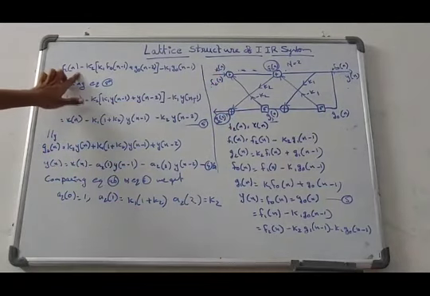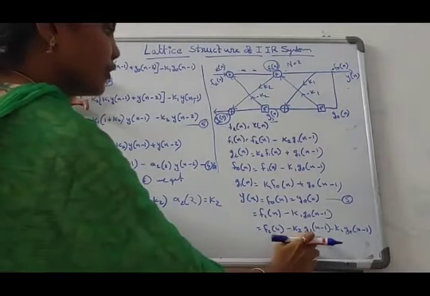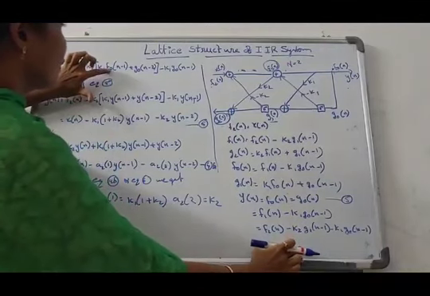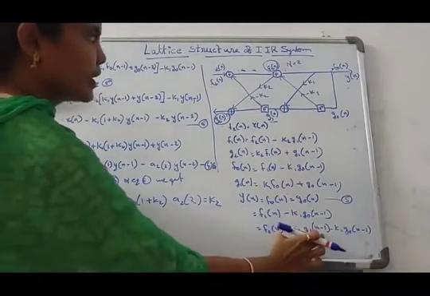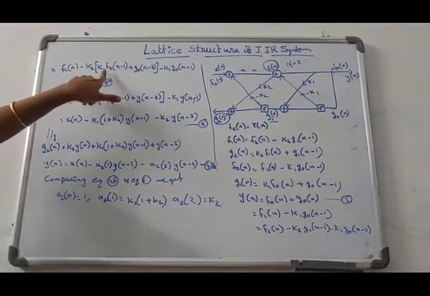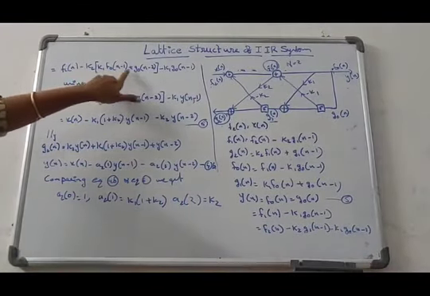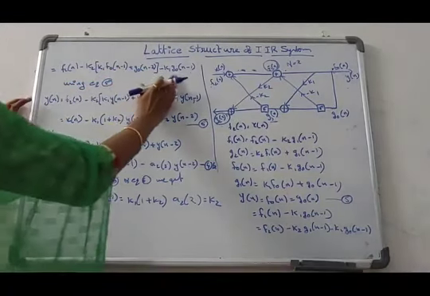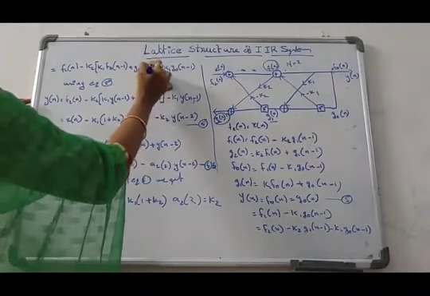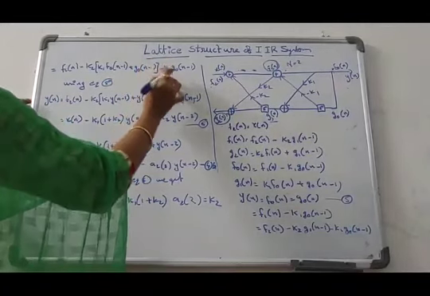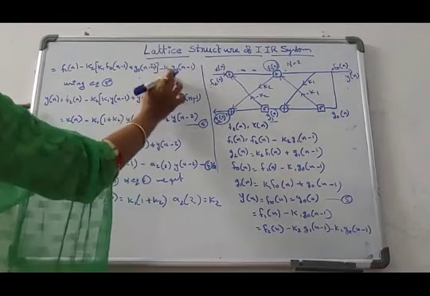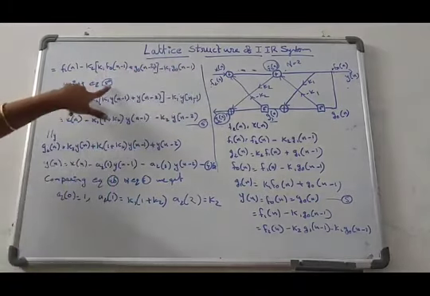Now F2 of n minus K2 into, so how to get G1 of n minus 1? Here this is K2. G1 of n minus 1 is K1 F0 of n minus 1 plus G0 of n minus 2, minus K1 into G0 of n minus 1, using equation 5.